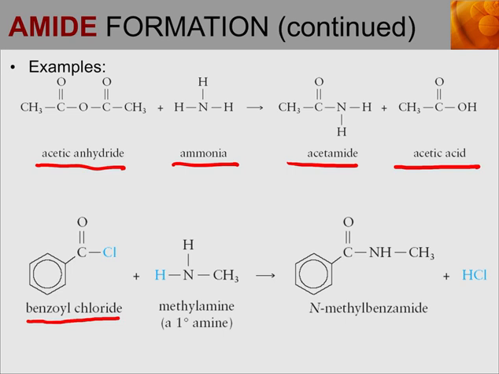And if we react that with a primary amine, like methylamine, again, the hydrogen from the amine and the chlorine from our acid chloride team up to form hydrochloric acid. And then we form a bond between the other two. And this is going to form the amide shown in the products. And this is actually called N-methylbenzamide.